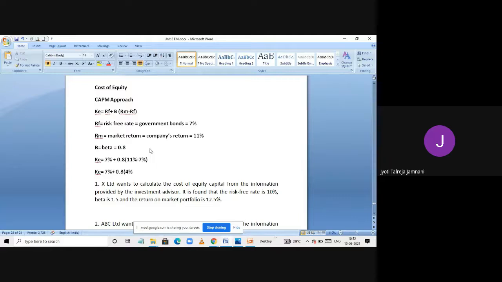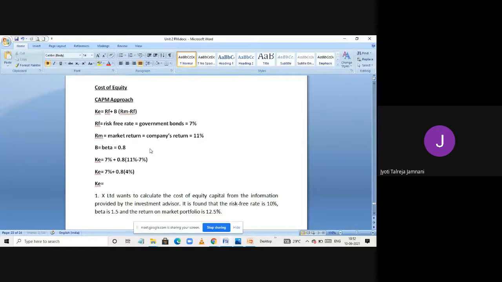So see, how much is 0.8 into 4? 0.32? No, you are doing 0.8 into 4, no?